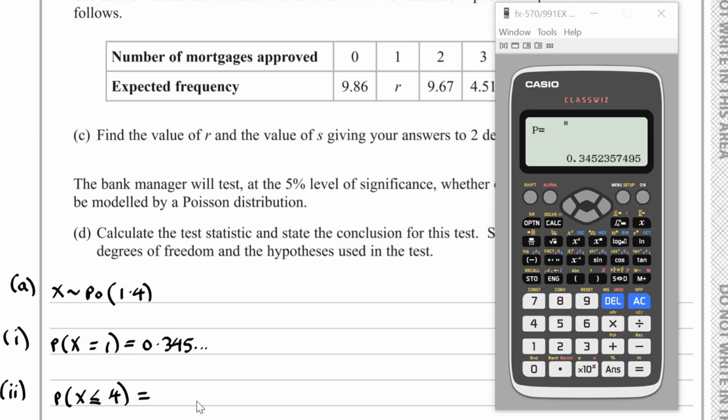Working this out, this time we'd have to use the Poisson CD. We have variable, so we have x equaling 4 this time. So we end up with 0.985, etc. Okay, so that's part A done.